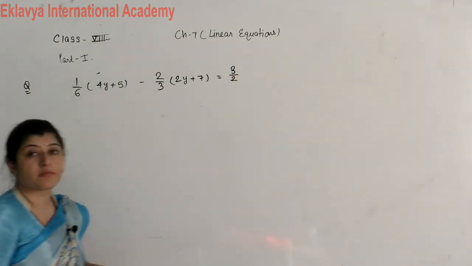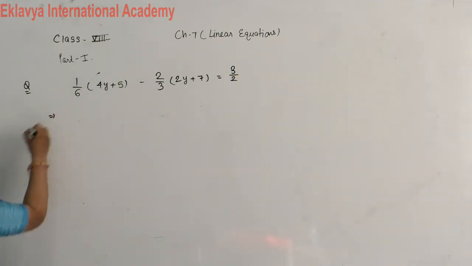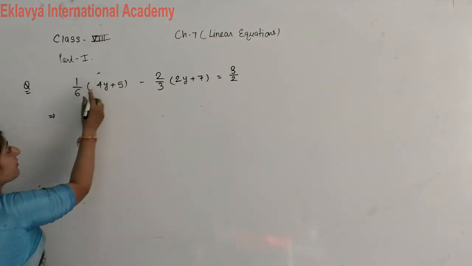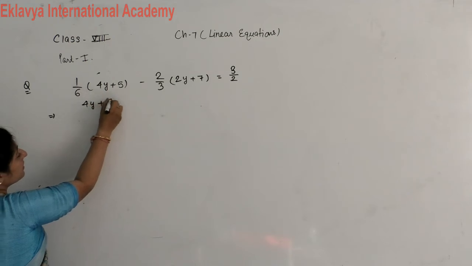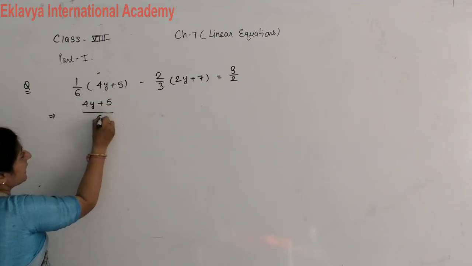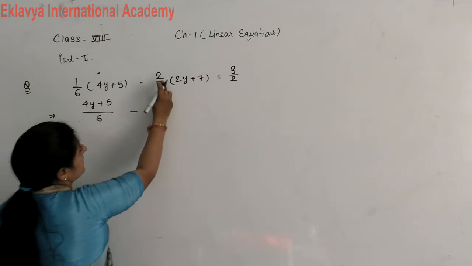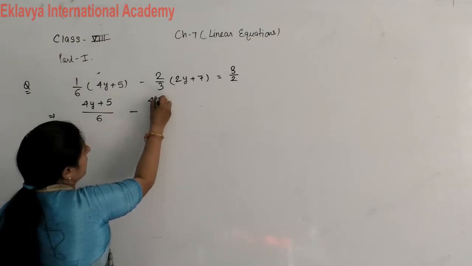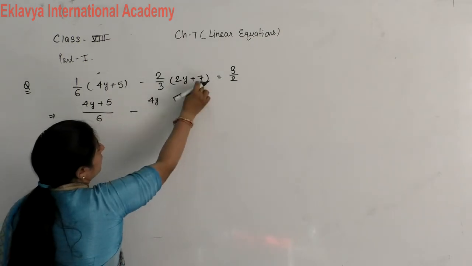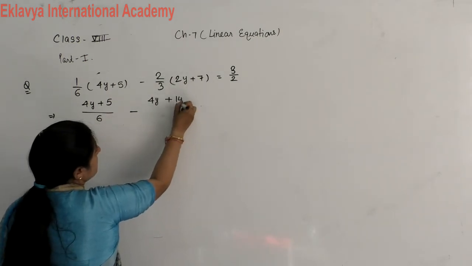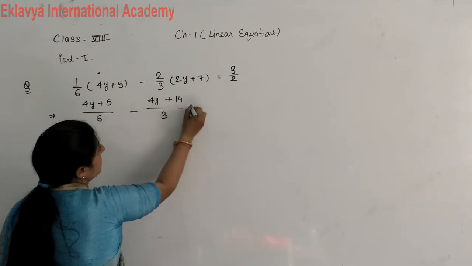Solve it. See this question. 1 by 6 into 4y plus 5. It means if I multiply 1 by both terms, then it becomes 4y plus 5 divided by 6 minus 2 multiplied by 2y, 2 2s are 4, 2 multiplied by 7, 2 7s are 14, divided by 3.